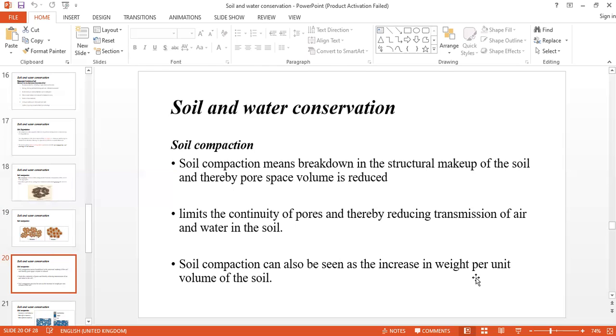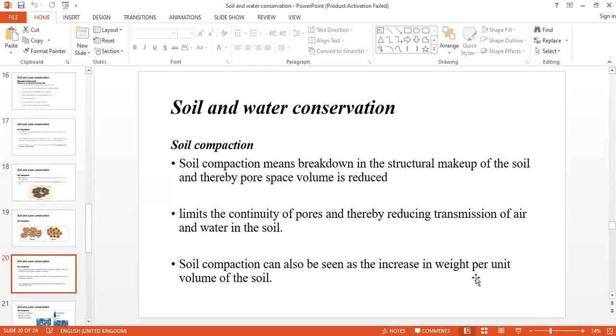You measure the mass of that soil, then you also measure the volume it occupies. Then we decide to compress it. The mass of the soil will remain the same, but because we've compressed it, the volume will reduce.